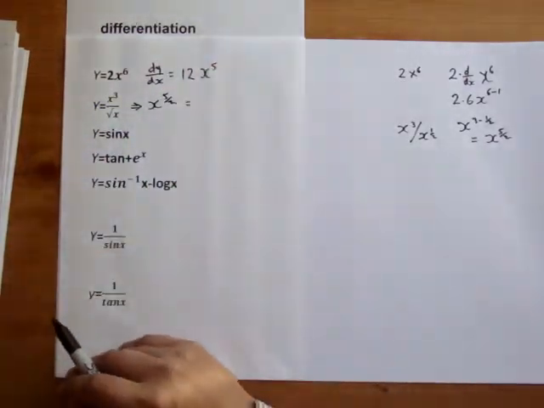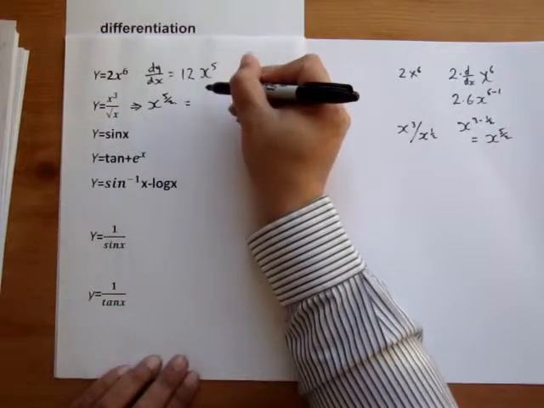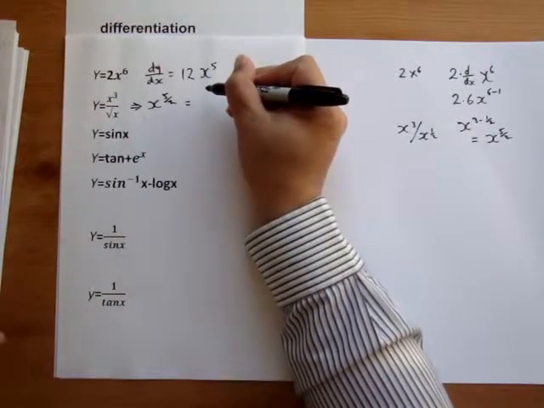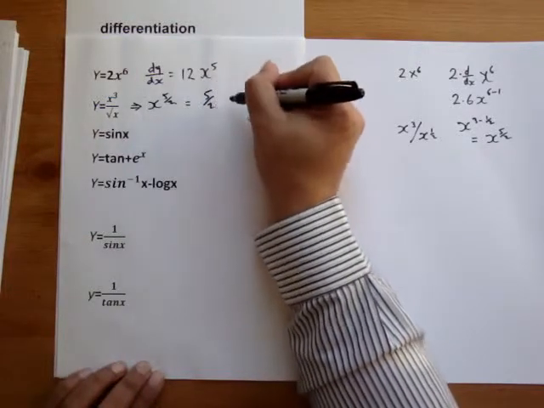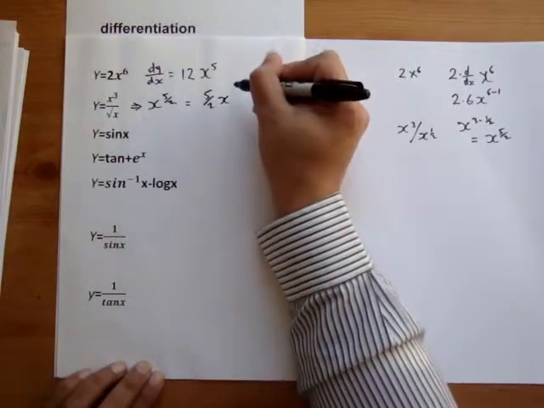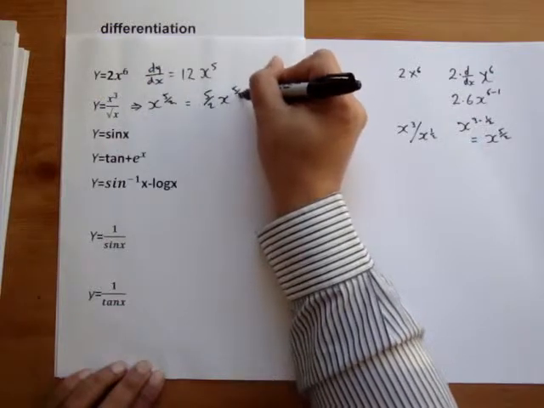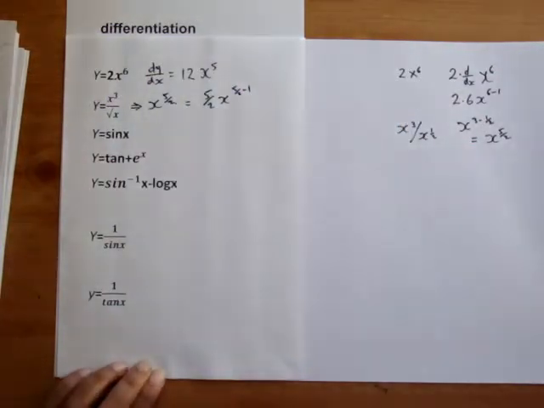Using the power rule, bring the 5 over 2 down. X, and then 5 over 2 minus 1. Can we do 5 over 2 minus 1 in our head?